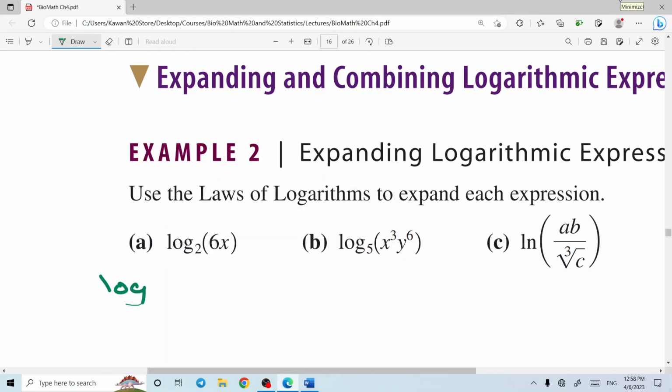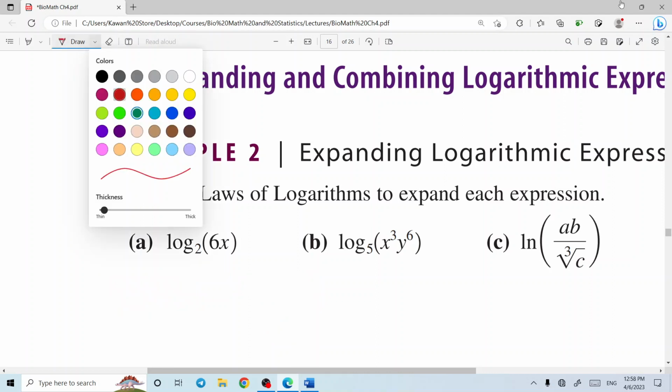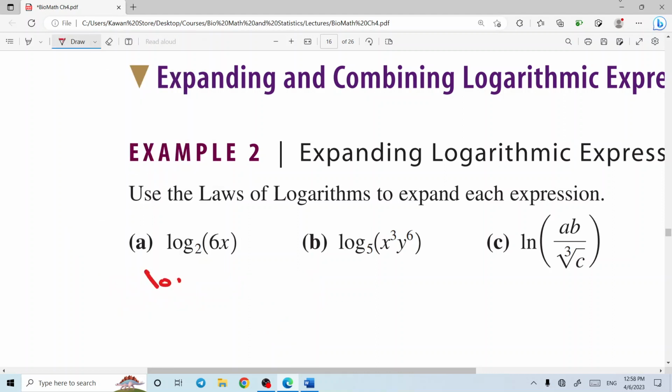It is equal to the log of the first term. Because I have multiplication, I'm going to write addition, plus. So 4 and 6 with 4x. How about the second? Not just the same. We can follow two or three rules. How? This is equal to log of 5x cubed plus log of 5y to the power 6.